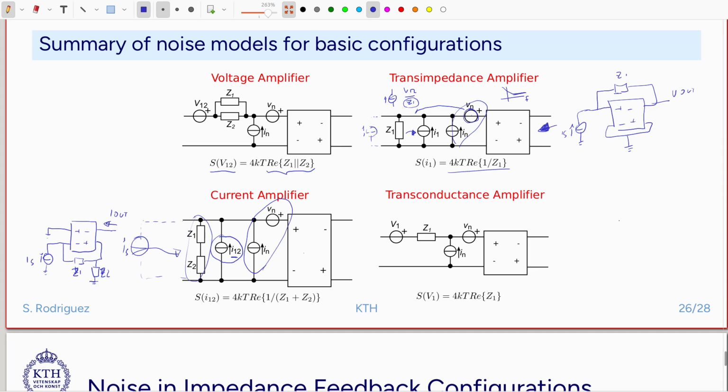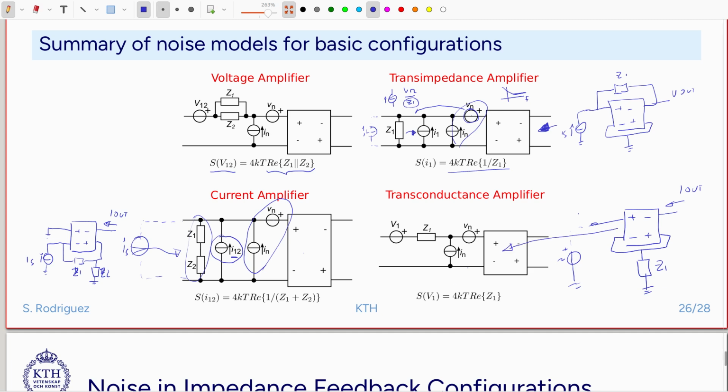Then finally we have the transconductance amplifier, and this is going to be connected to a voltage source. The model for this one is the following.